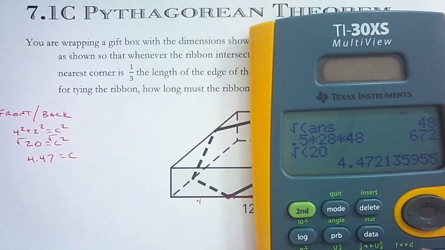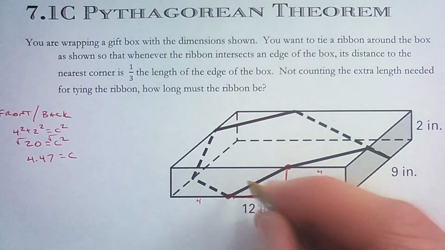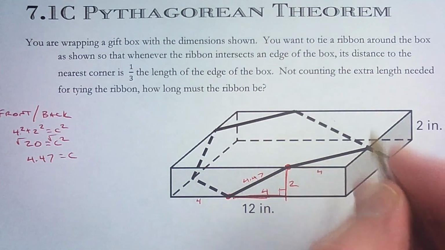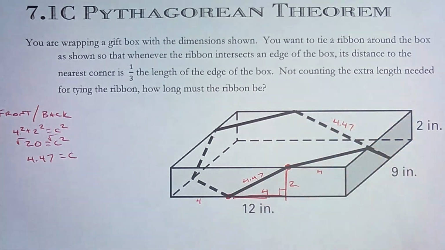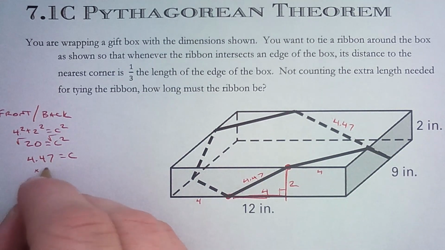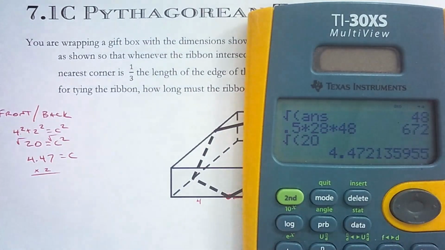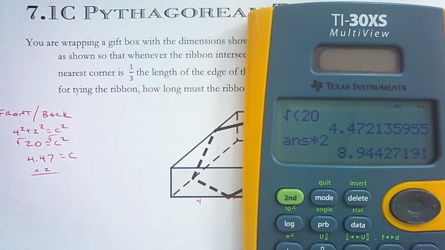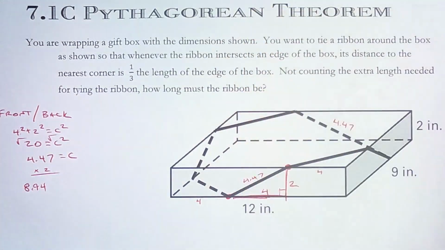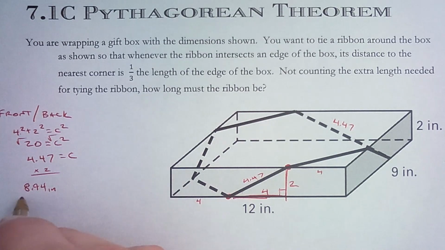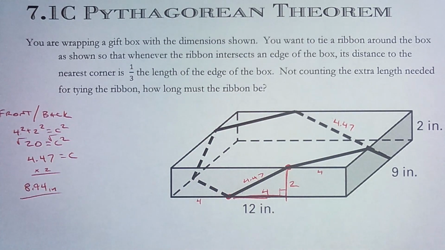Now that's for the front and the back, so this is 4.47, but this is also 4.47, so I have 2 of those, so I'll multiply that by 2. And I get 8.94. Okay, so 8.94 inches covers the front and the back.